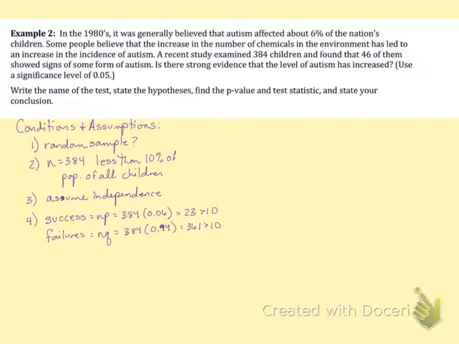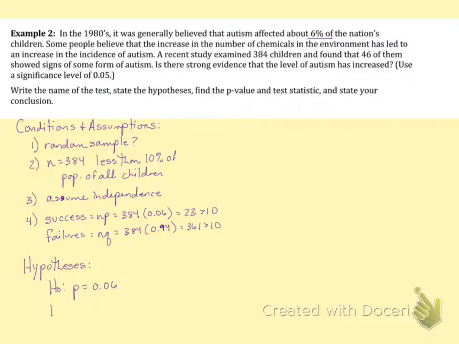Let's state the hypotheses. The null hypothesis: it was generally believed that autism affected 6% of the nation's children. Remember that the null hypothesis is that the proportion has not changed. So the proportion would be 6%.